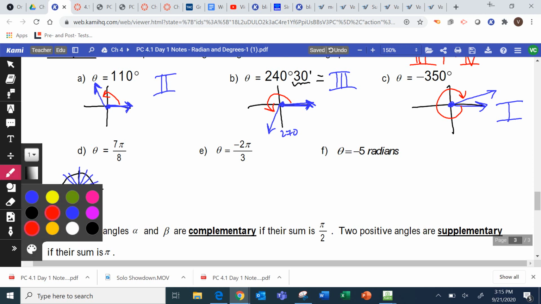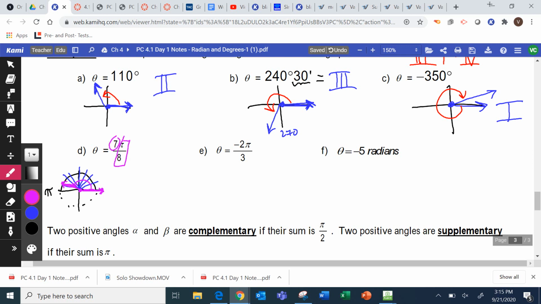And then after I divide it into 8 equal sections, I'm going to start at my initial side, and I'm going to rotate it through 7 of the pi over 8s. So that's going to tell me that my answer is in quadrant 2.